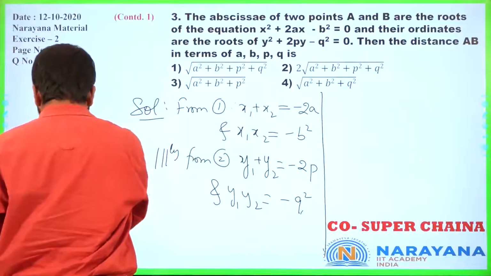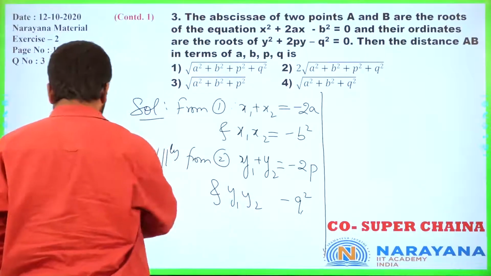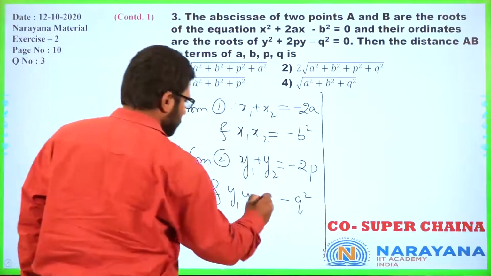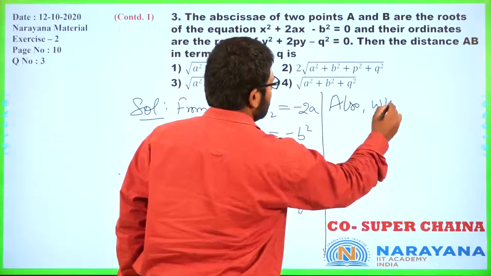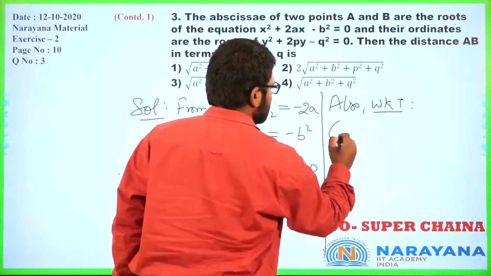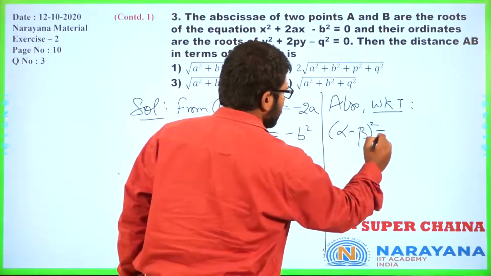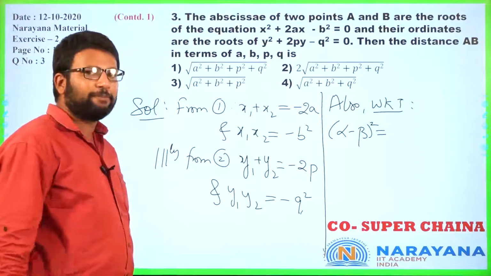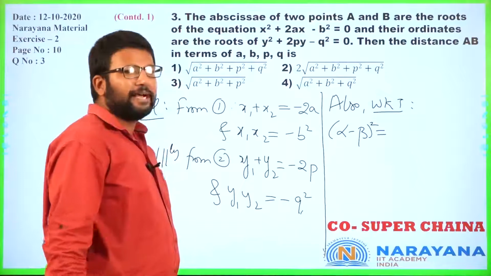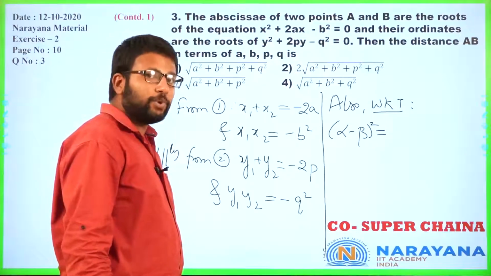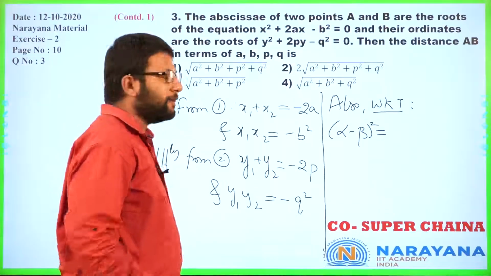Now using all of this information, how do I figure out what is the value of x1 minus x2 the whole square? So we also know that alpha minus beta the whole square, how do I match it with alpha plus beta and alpha beta? If you expand this, you will have alpha square minus 2 alpha beta plus beta square.